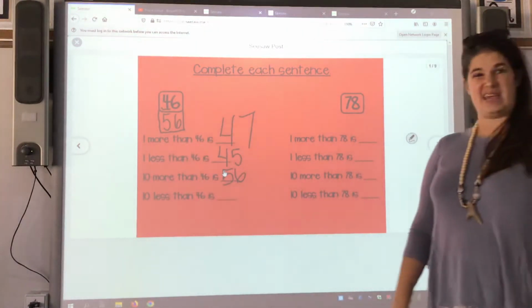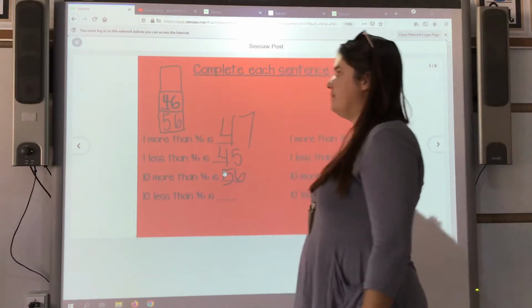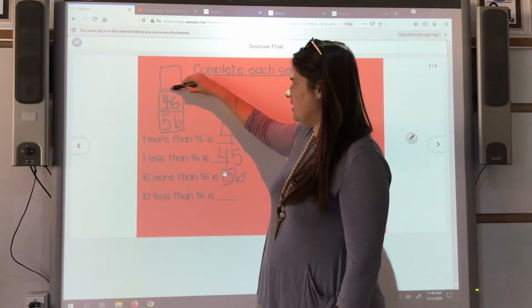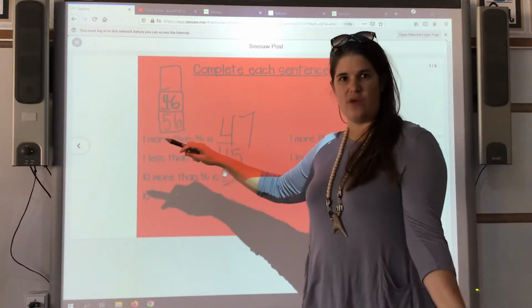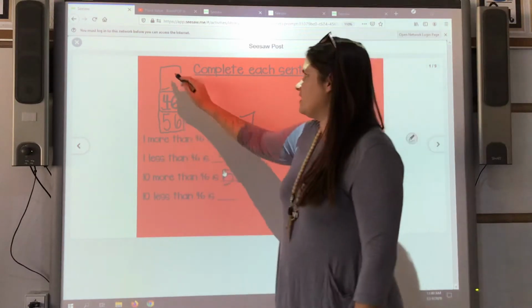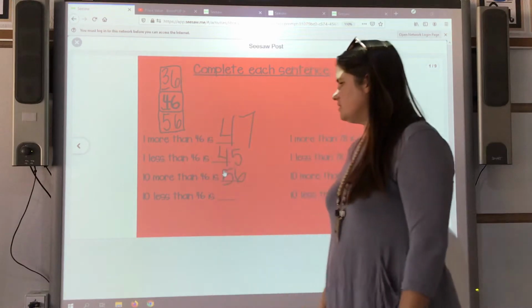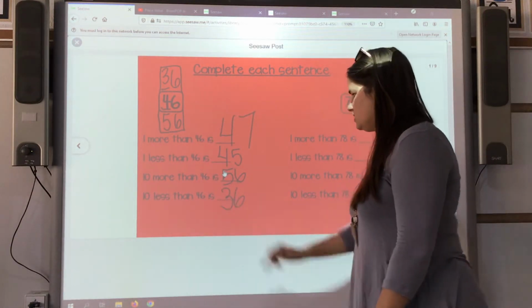And I'm going to do the same thing, but I'm going to look above the 46 on my hundreds chart, and I'm going to take away a 10. So right here I have 4 10s. If I take away a 10, I do 4 minus 1, and that gives me 3 10s, and I bring up the ones. So 10 less than 46 would be 36.